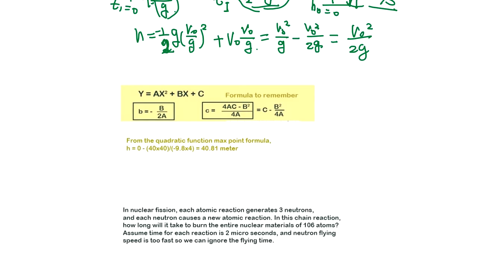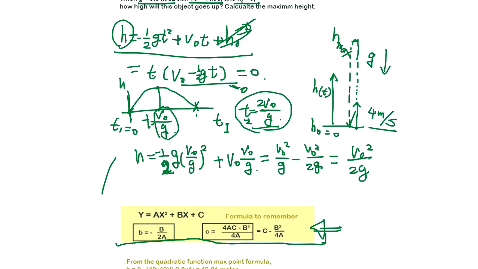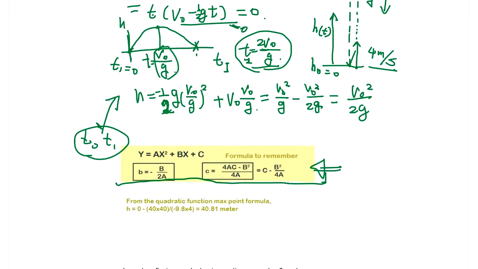But you can use the quadratic equation formula if you like, or you can get it from the roots, right? The 2 roots, and take the middle value. And that's the way you calculate minimum and maximum. If you remember the previous quadratic functions video, there are 2 ways.